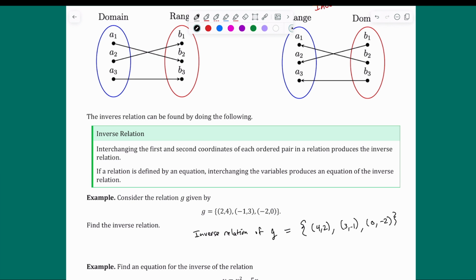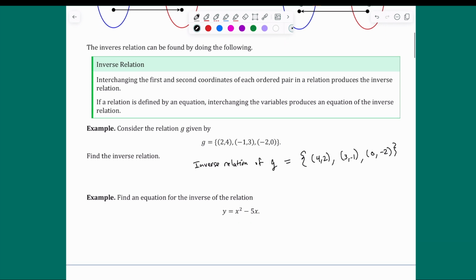That would be the inverse relation for G. Likewise, if you're given a relation given by an equation such as y equals x squared minus 5x, then the inverse relation or inverse equation here would be x equals y squared minus 5y.